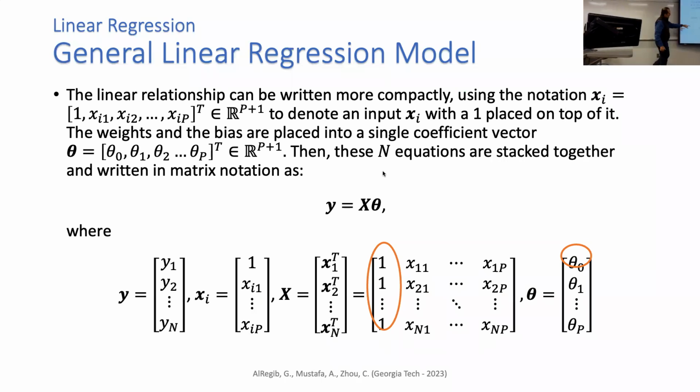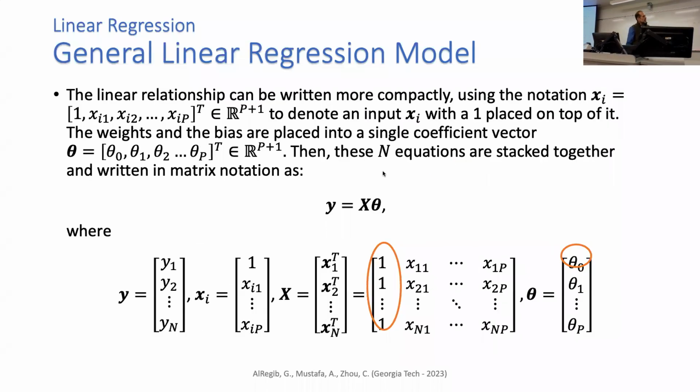Each one of my samples, I will add 1. When I have the capital X, the matrix, notation-wise, small x with a bold face is a vector, capital X with a bold face is the matrix. So now I have my matrix. All the first column values will be 1 because of this addition. Does that make sense? Okay. So that's basically just notation. It's just easier to deal with.